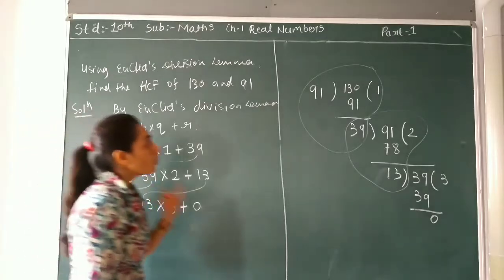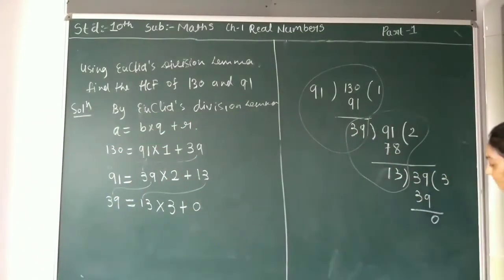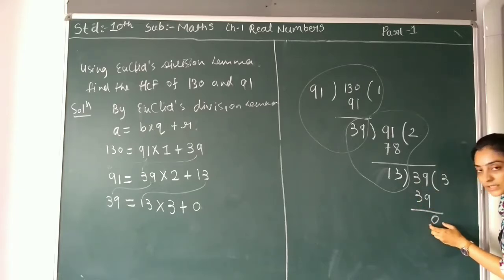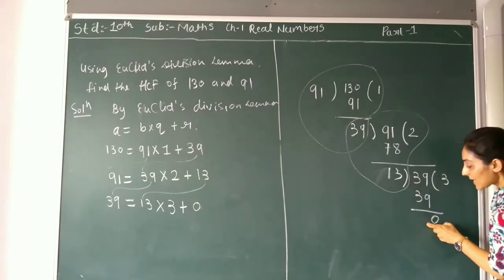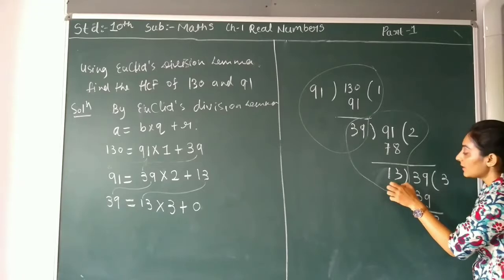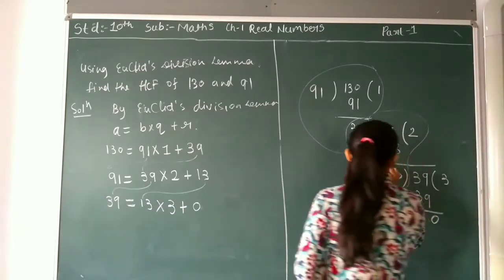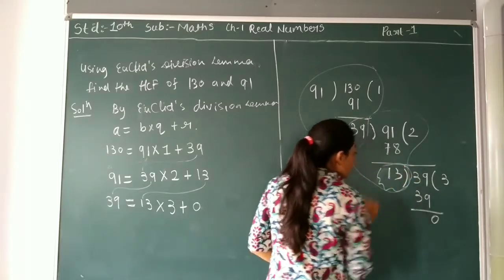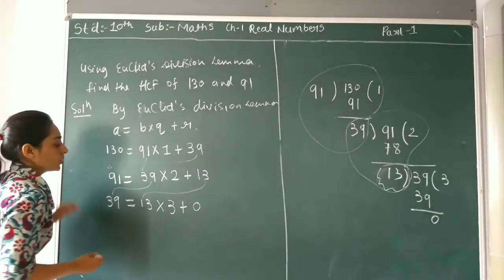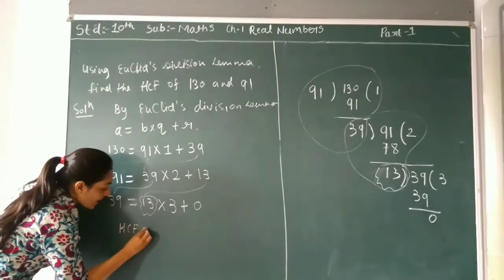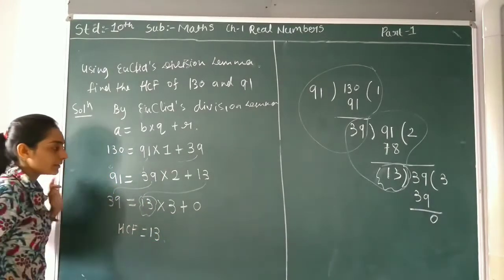So what is my HCF? Whenever we get 0, here we get 0 in the last step, the last step's divisor is my HCF. So here HCF equals 13.